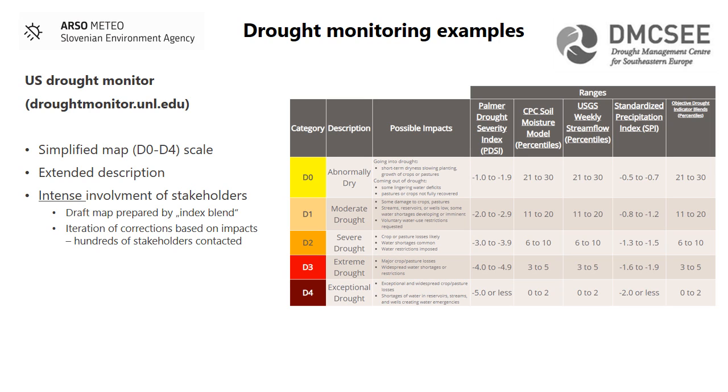So the final version of the map is in many cases also manually corrected, but it reflects the condition of the drought impacts on the ground. And this is very valuable information.